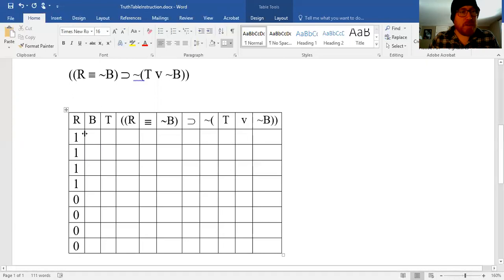Now, our next letter is B. So we've got 4 ones and 4 zeros under R. So we're going to take 4 and divide it by 2. That will give us 2 ones, 2 zeros, 2 ones, and 2 zeros under all of those lines, okay?